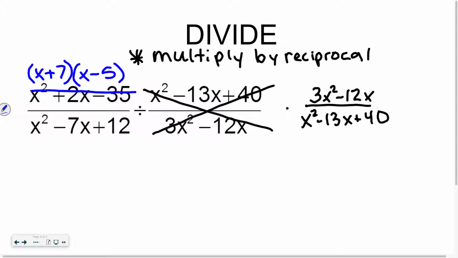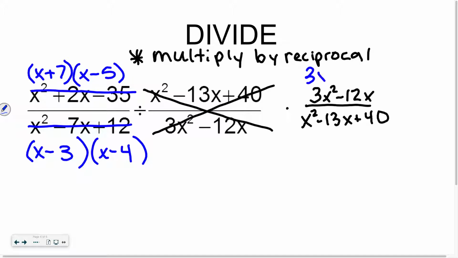Factors of 12 that add to make negative 7: minus 3 and minus 4. Factor 3x squared minus 12x. Take out the 3x, so you're left with x minus 4. And then factors of 40 that add to make negative 13: negative 8, negative 5.